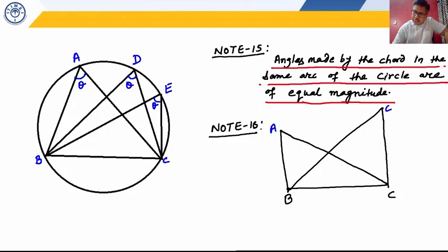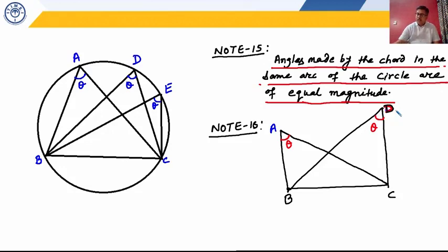If this angle is theta and this angle is also theta, then these 4 points A, B, D, C are concyclic points. Means these 4 points lie on a circle. If angle BAC is equal to angle BDC, then A, B, C and D lie on the circle. I hope this is fine.